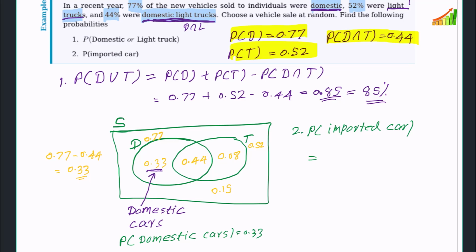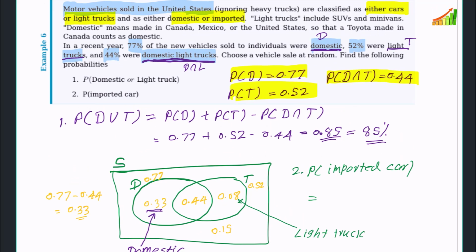Similarly, let me explain this. Point 08 is in the light truck. Therefore, definitely it should be light truck. And also, it is out of the D. What is the D? D is the domestic. If D is domestic, then what is out of the D?